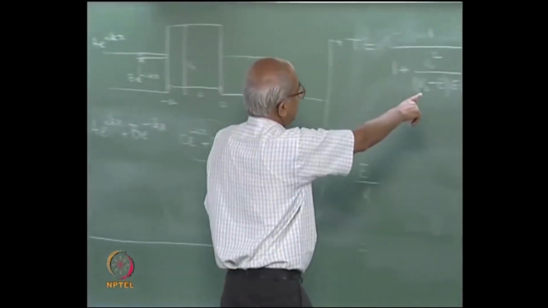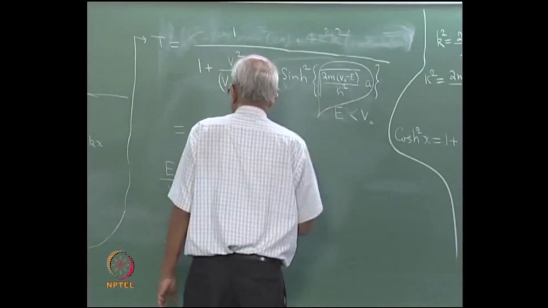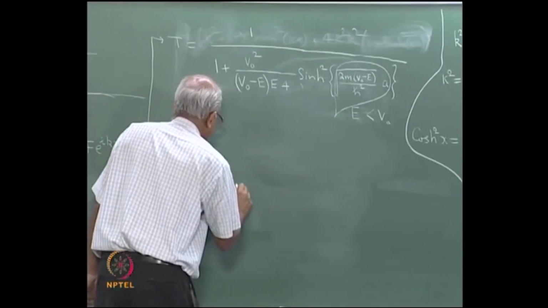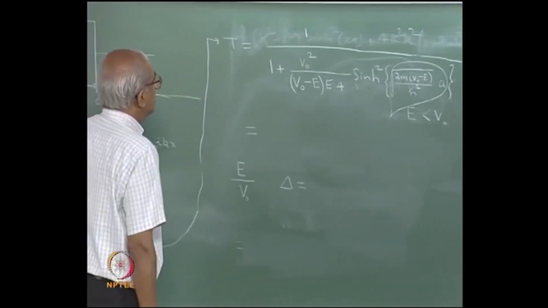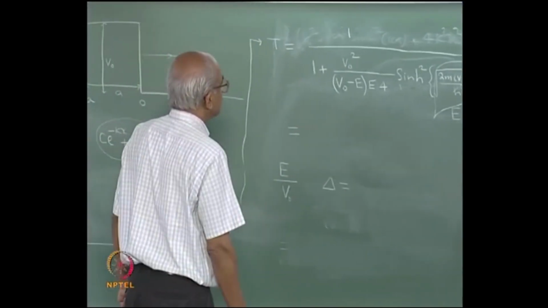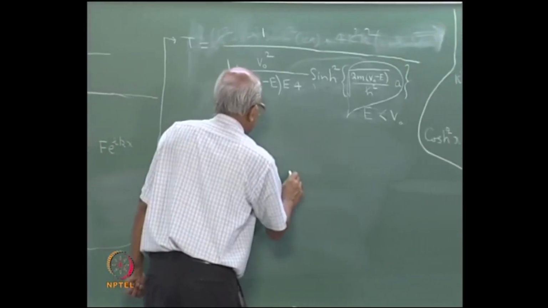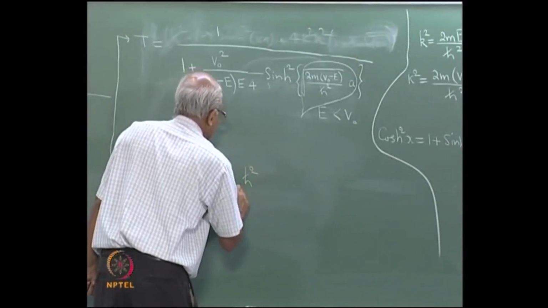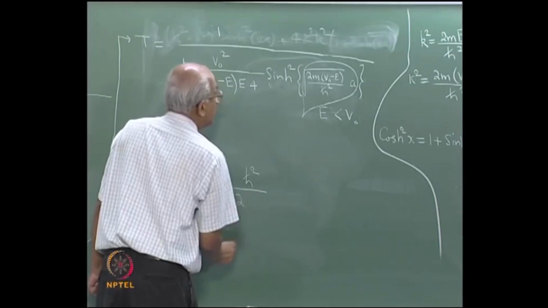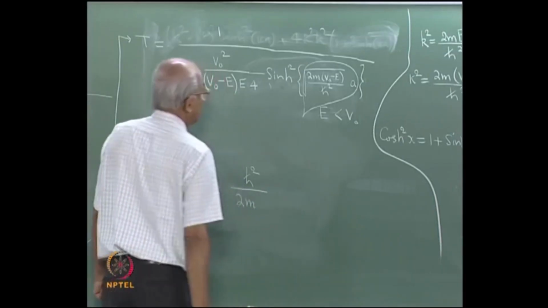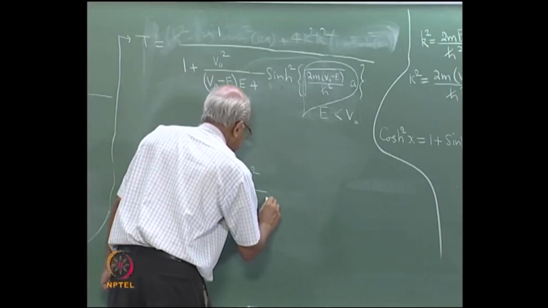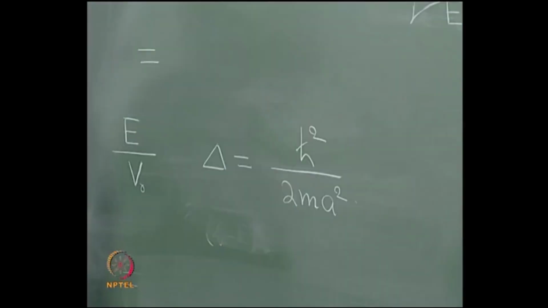Similarly, from here I can introduce another dimensionless object, which I shall define as delta, and delta will be defined to be equal to h cross square divided by m a square. Let me just check this definition.